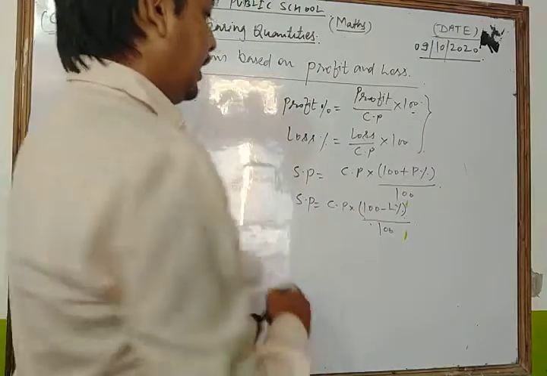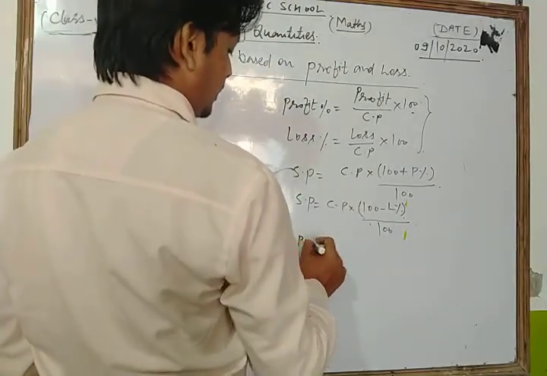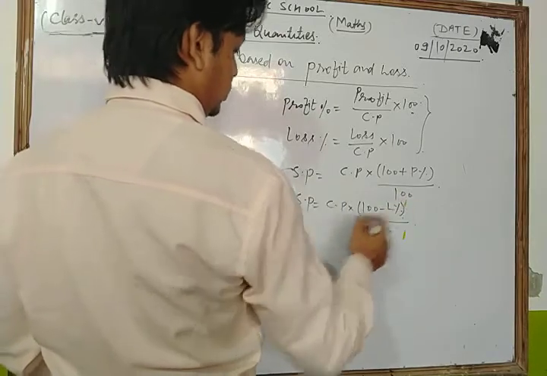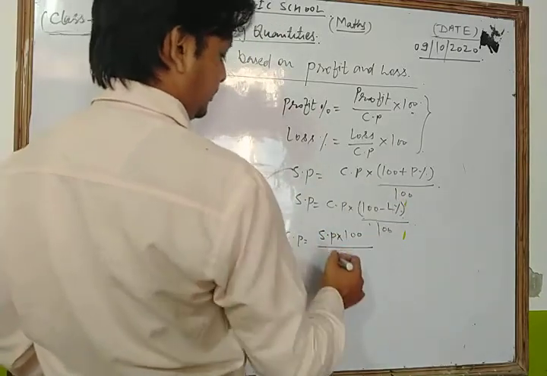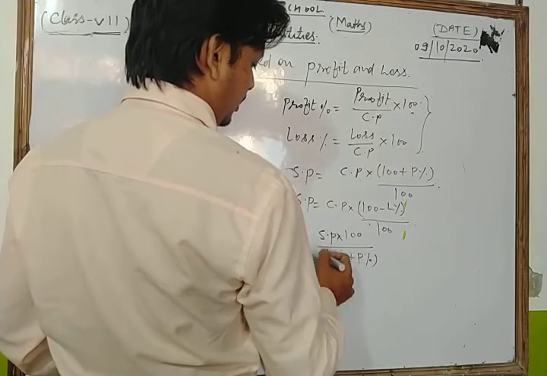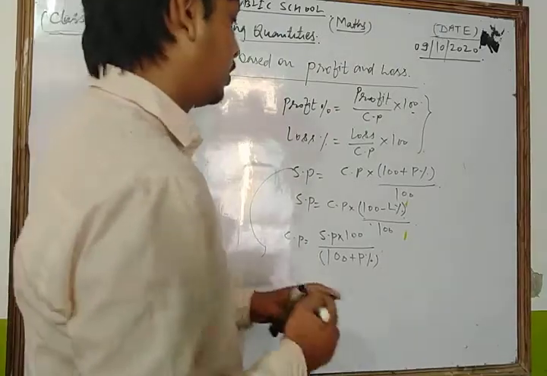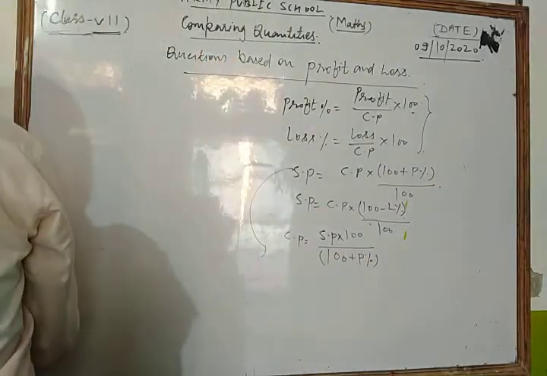Now by that formula, we also find the cost price of an object, which is equal to selling price into 100 upon 100 plus profit percent. This is the formula for the cost price of an object when the selling price is given.